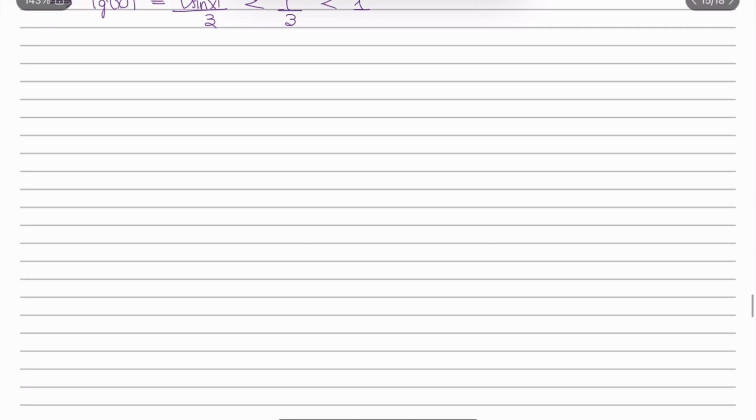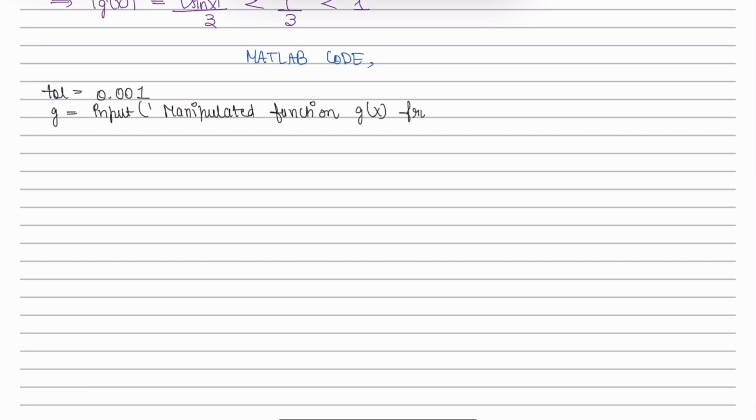Now quickly starting the MATLAB code, we will have the tolerance as 0.001, and we will take the manipulated function g of x from f of x as input from the user, and also we will take input of the initial guess from the user.